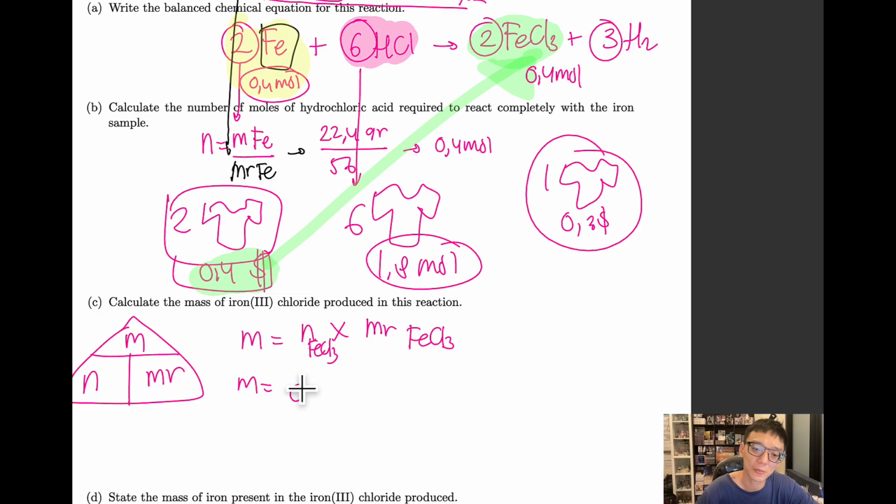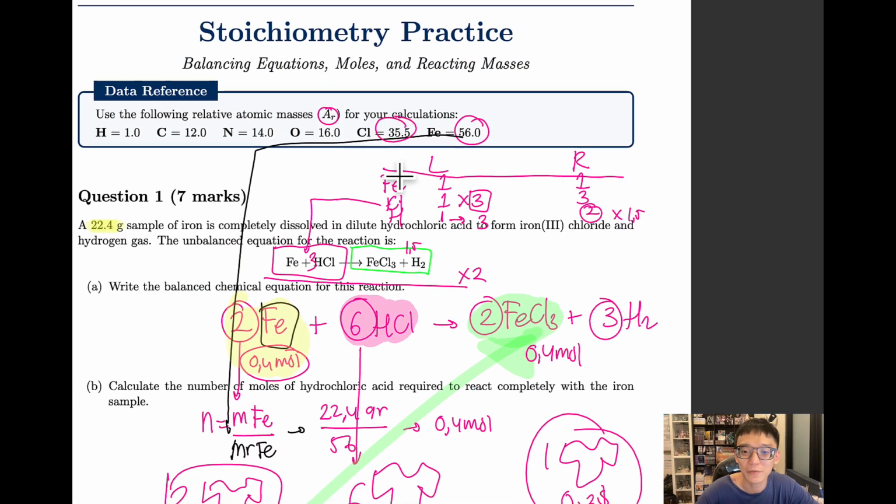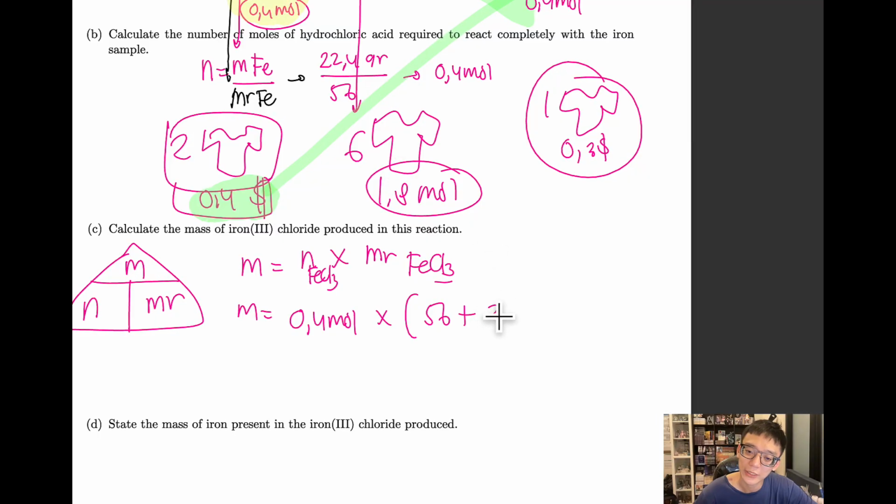So here actually 0.4 mole, and the Mr of FeCl3 is 56 plus, then we have 3 Cl atoms. Cl is 35.5. So 3 multiplied by 35.5 is 106.5, and 56.